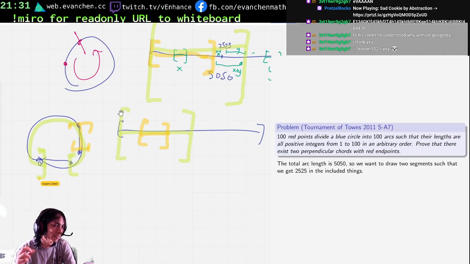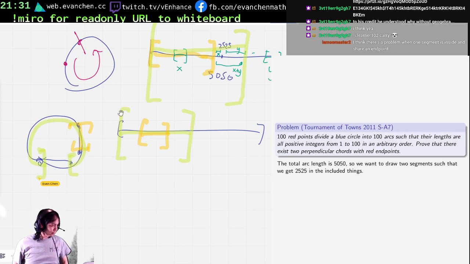Can someone make sure this actually always works? Because I'm worried as heck. This doesn't seem like it should always work. One segment is inside and they share an endpoint.